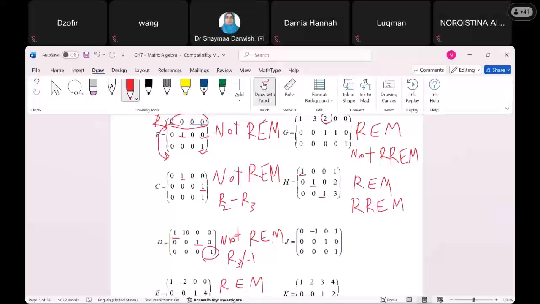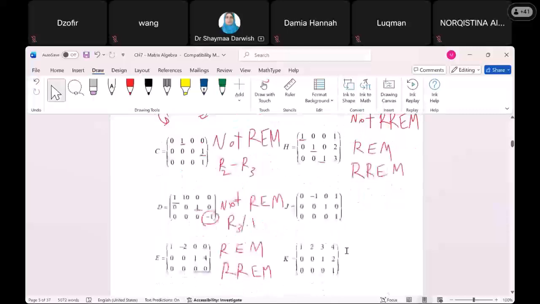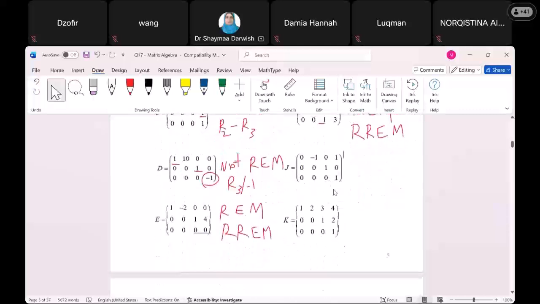Okay, matrix J. Is it row echelon matrix or not? Not. Why not? Why not row echelon matrix? Which condition not satisfied here?